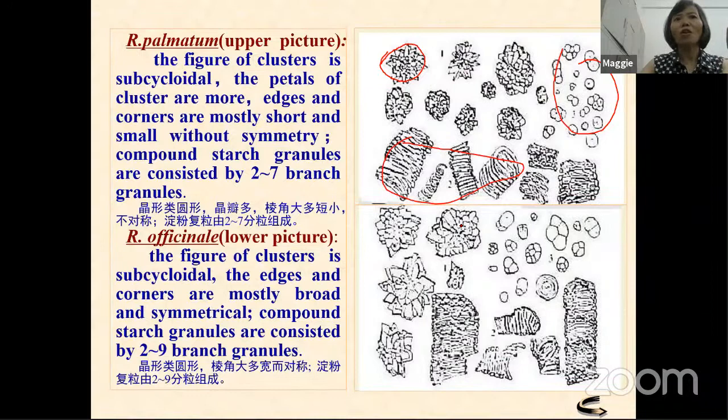The edges and collars are mostly broad and symmetrical. Compound starch granules are composed of 2 to 9 branch granules, and there are some vessels. So these are microscopic characters of the powder.